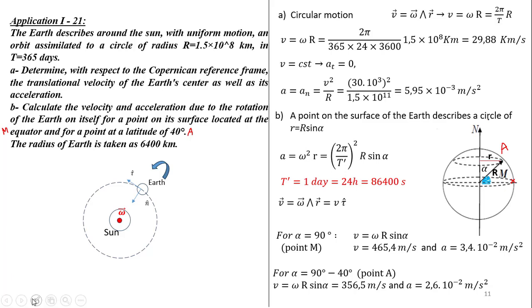And we can find V. V is equal to omega times r times sine of alpha, where alpha is here equal to 50 degrees. Then V is equal to 356.5 meters per second. And we can also find the acceleration a. It will be equal to 2.6 times 10 to the power of minus 2 meters per second squared.